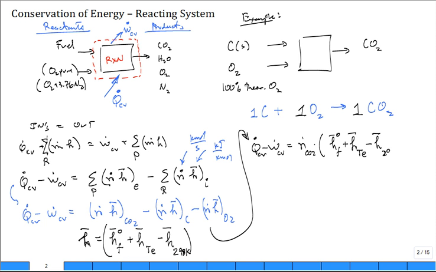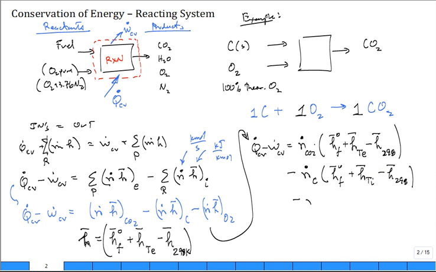I'm just going to put 298. Then you have minus the molar flow rate n dot of the carbon, the enthalpy of formation of the carbon, plus the enthalpy of the carbon at the inlet temperature, minus the enthalpy at 298.